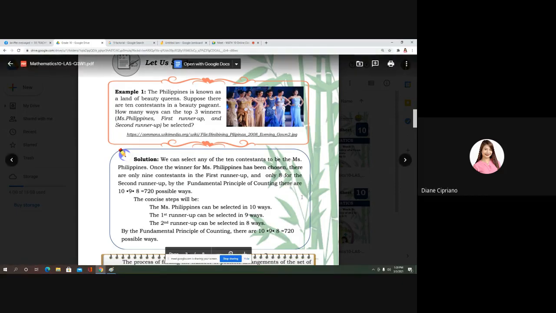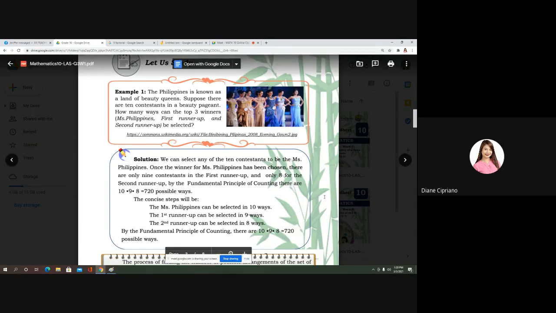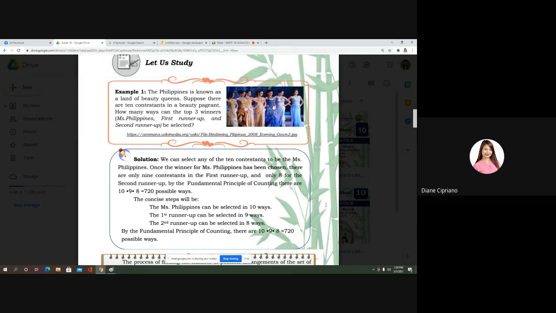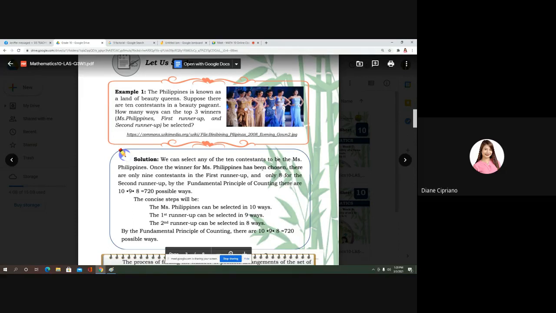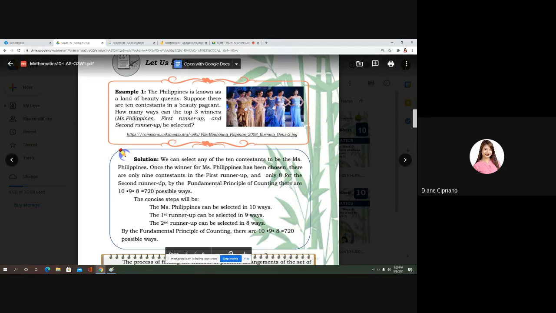For the solution, all you need to do is just to evaluate it using the factorial terms. We can select any of 10 contestants to be Miss Philippines. Once the winner for Miss Philippines has been chosen, there are only 9 contestants for the first runner-up and 8 contestants for the second runner-up.